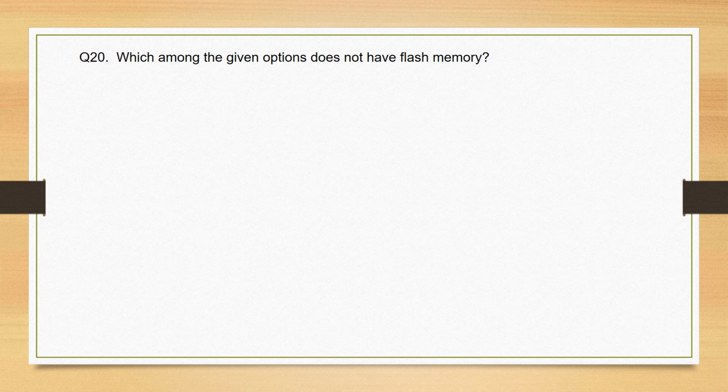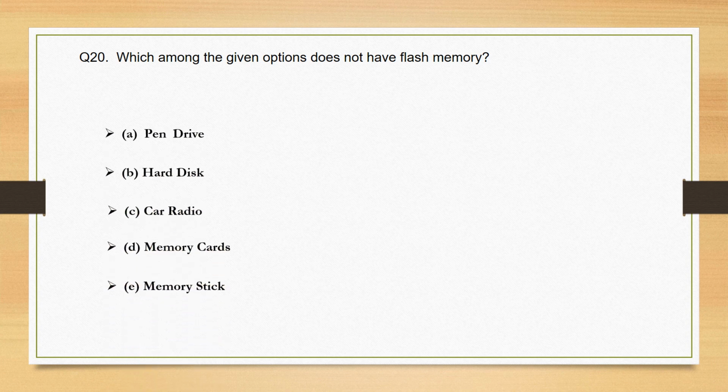Which among the given options does not have a flash memory? So what are the options we have? Pen drive, hard disks, car radio, memory cards, memory stick. What is basically a flash memory? Flash memory is memory that is not lost in the absence of power.